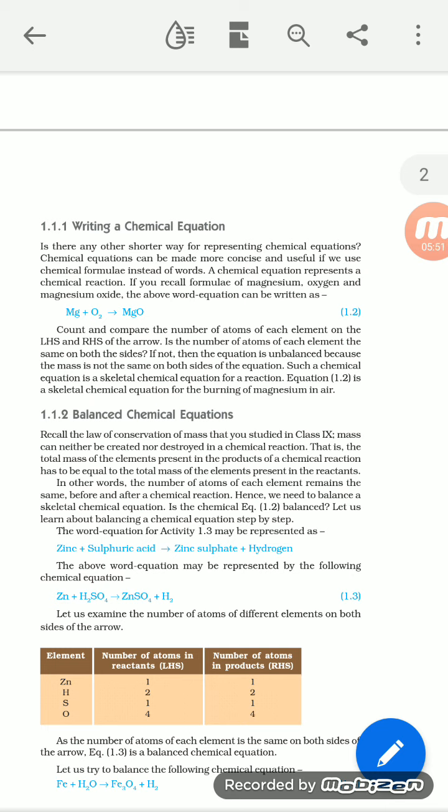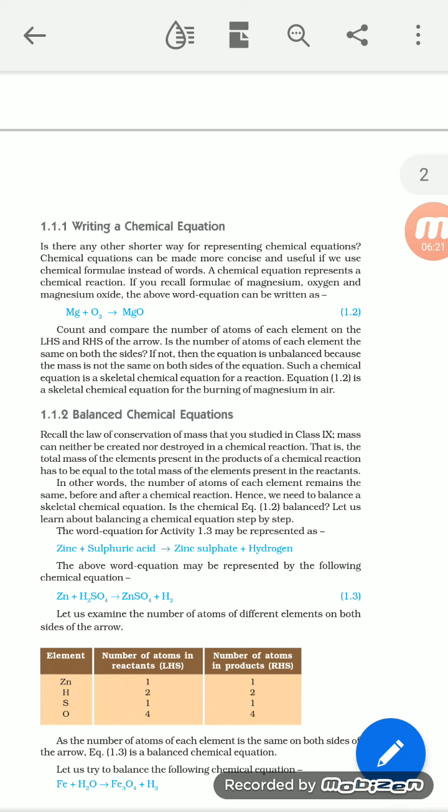So what happened? There is no balance between them. Is the number of atoms of each element the same on both sides? No, oxygen is different. If not, then the equation is unbalanced because the mass is not the same on both sides of the equation. We are not getting conservation of mass. Conservation, not conversation.